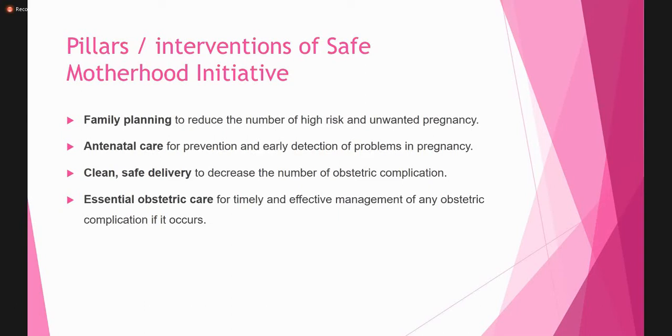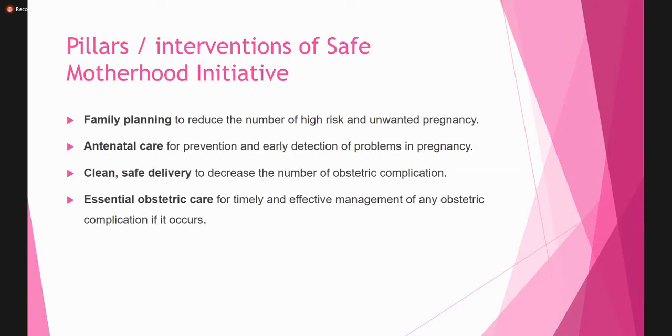So the informed choice is given to individuals and couples that they should decide, for family planning to reduce the number of high risk and unwanted pregnancies. So to use the contraceptive methods for this purpose, that high risk and unwanted pregnancies which may lead to maternal death or increase in the maternal mortality and the infant mortality, we need to reduce that.